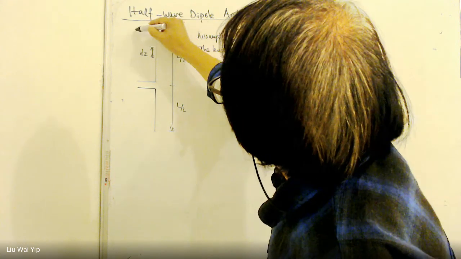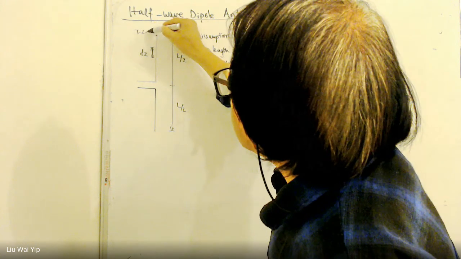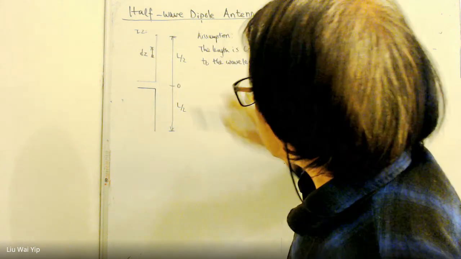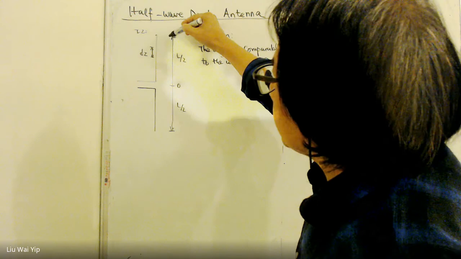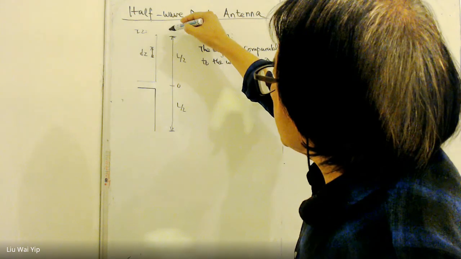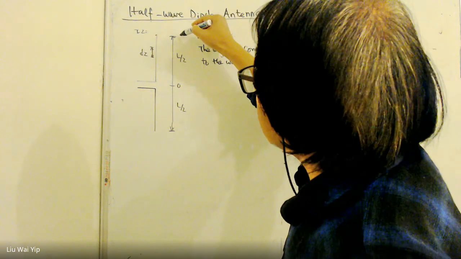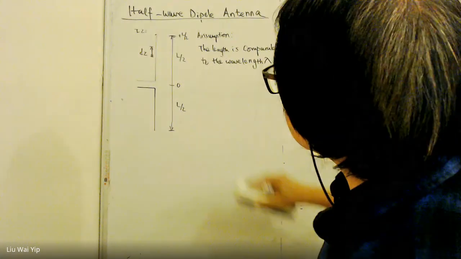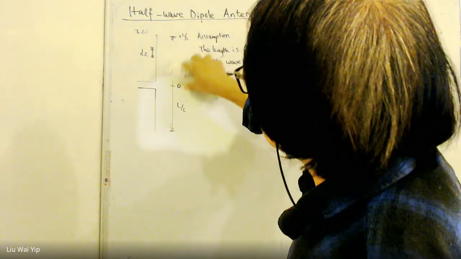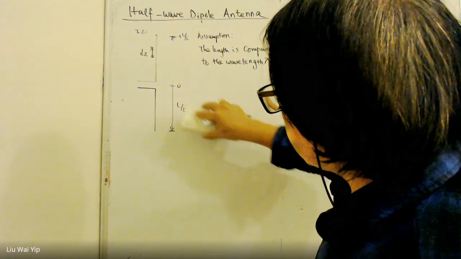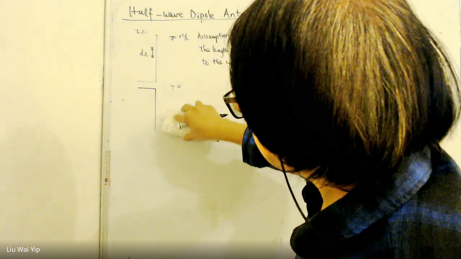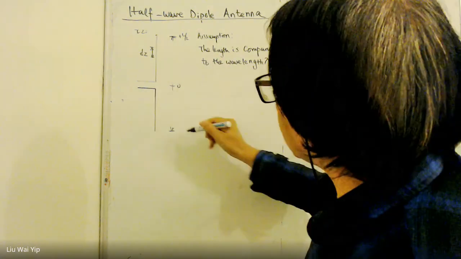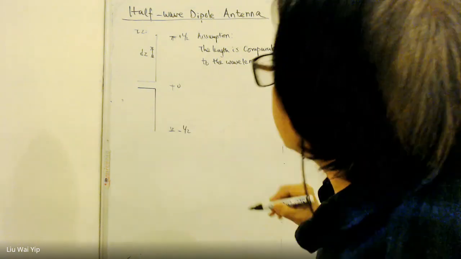The top position is plus L divided by 2, and in the lower bottom we have a similar arrangement, minus L divided by 2.